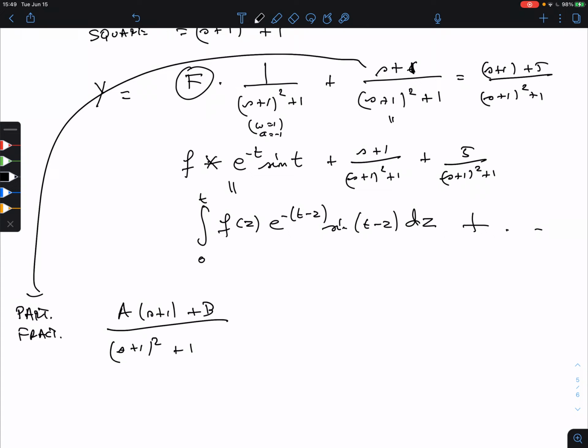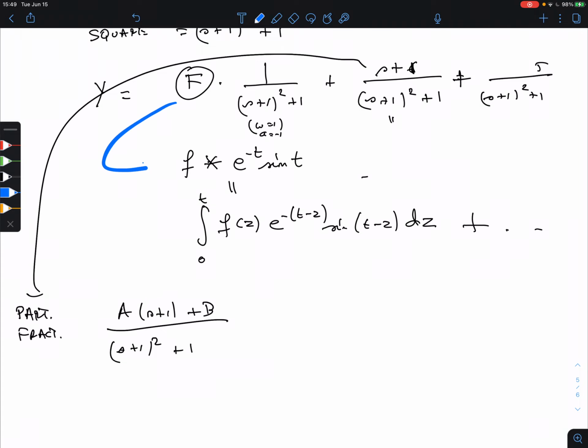So I'm going to write this as s plus 1 plus 5 times. I copied these two terms and wrote them again like that, because the next line is the inverse Laplace. So we take the inverse Laplace. The inverse Laplace of this product here is the convolution.